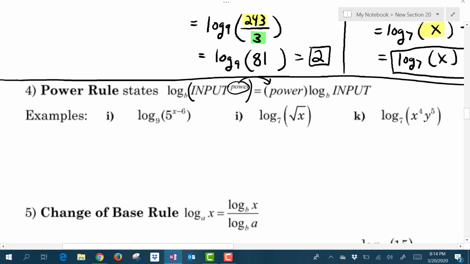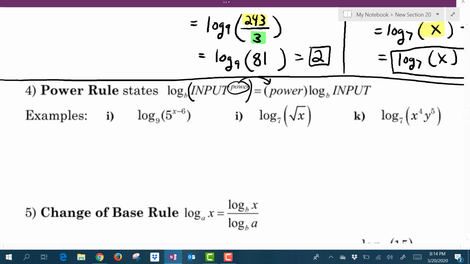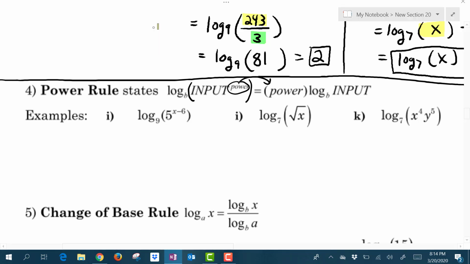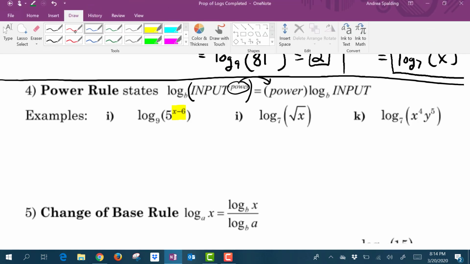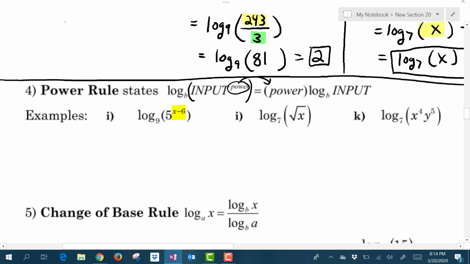So for example, if I have log base 9 of 5 to the x minus 6 power, everything inside of that log is raised to the same power of x minus 6. What the power rule says is that we are allowed to multiply that power out front of the log. So it becomes x minus 6 times log base 9 of 5.